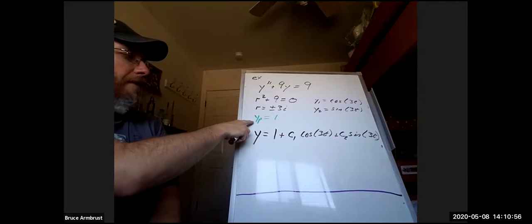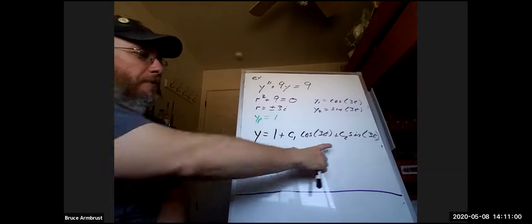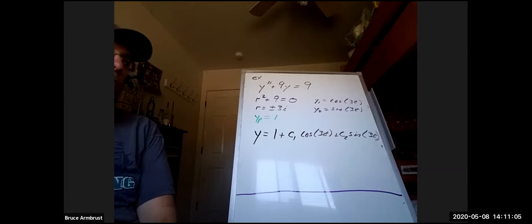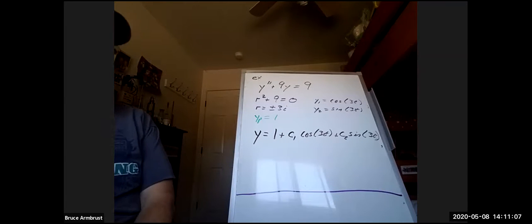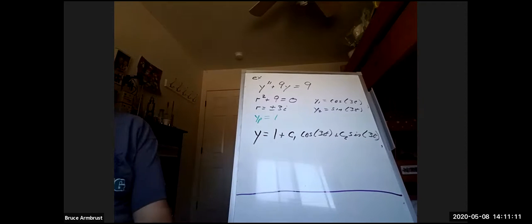And if we go back to this y particular, that y particular is going to be when c1 and c2 are 0. So that's one of the myriad solutions. But the other ones are all going to be this form with various c1s and c2s.